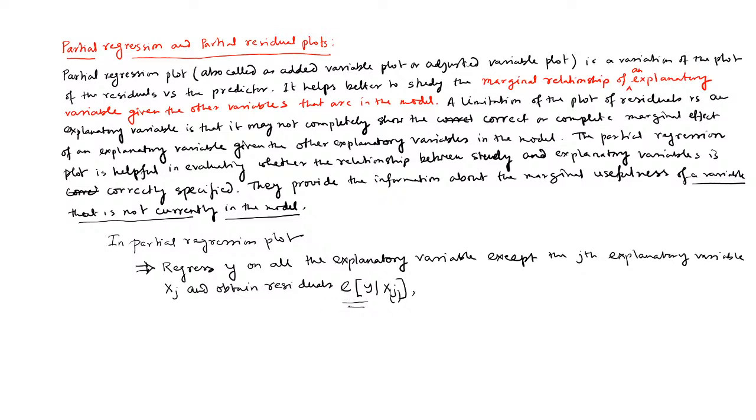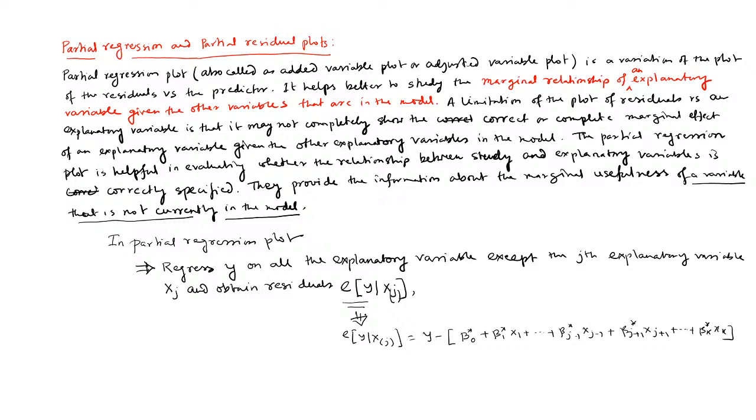So this residual is basically the observations minus, suppose I denote the coefficients by beta naught star, beta 1 star x1, ..., beta j minus 1 star xj minus 1, beta j plus 1 star xj plus 1, ..., beta k star xk. Okay, so this is the expression of this residual.